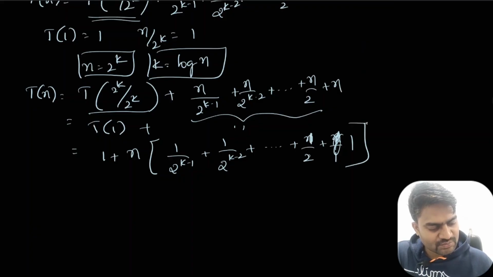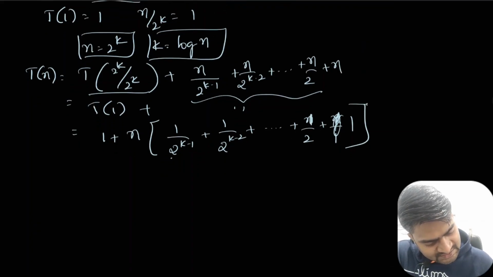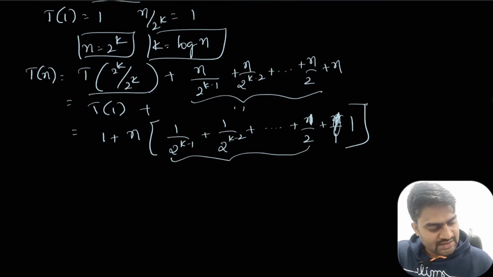This will be n times (1/2 plus 1). So now if you see this term, it starts from 1/2, then it goes up to 1/2^(k-1).